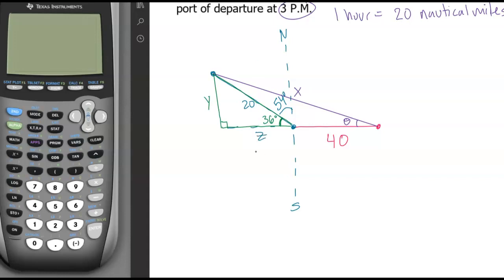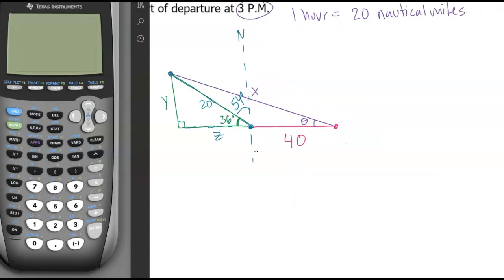So, first let's solve for y. Theta is 36. Well, I should call it alpha. We have a hypotenuse of 20 and an opposite side of y.